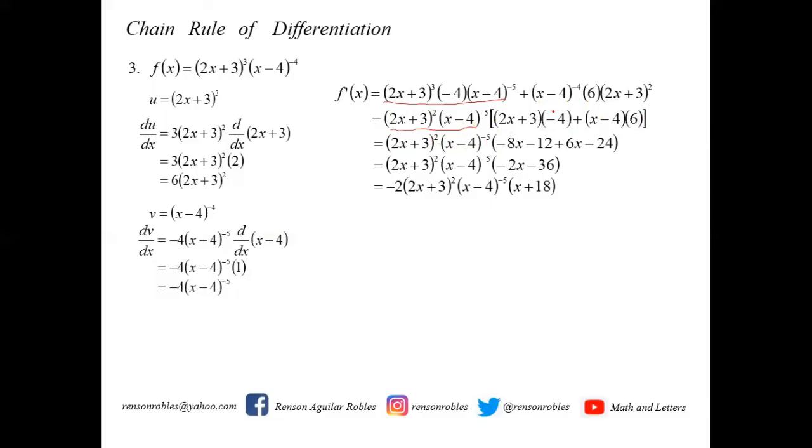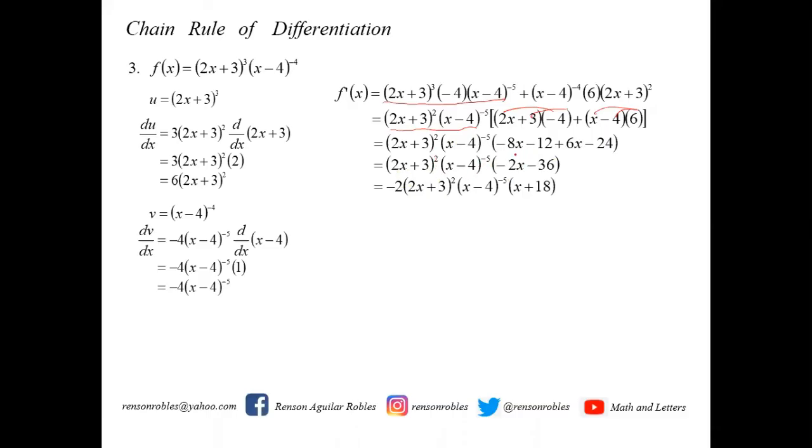And then you just introduce this inside along with the 6, okay? So we shall now have negative 8x minus 12, plus 6x minus 24.